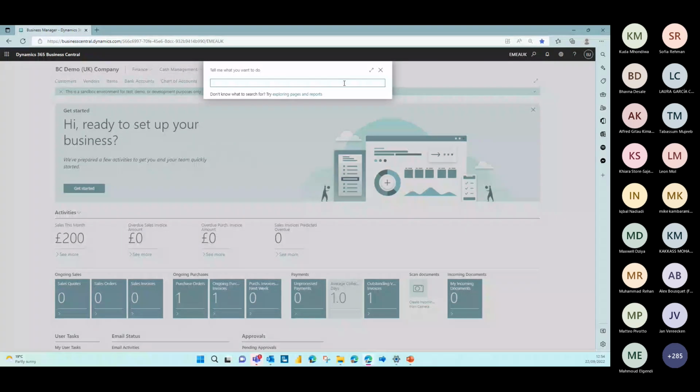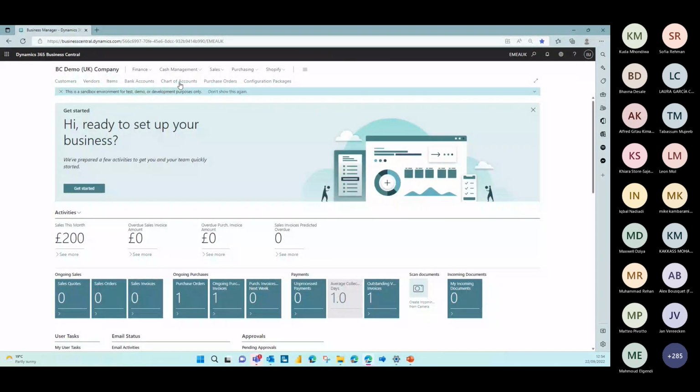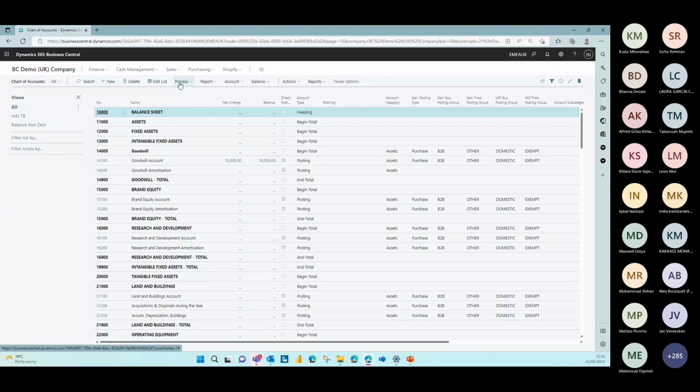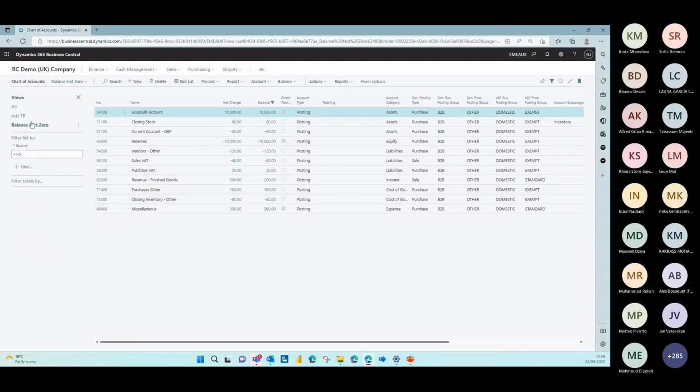And if you remember, I said in the past, anyone not using Business Central has to manually post closing stock at year end, where you debit closing stock in the balance sheet and then credit closing stock in the P&L. But in BC, it does it all for you.